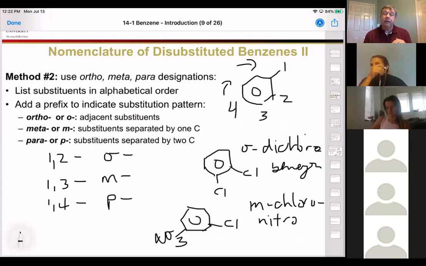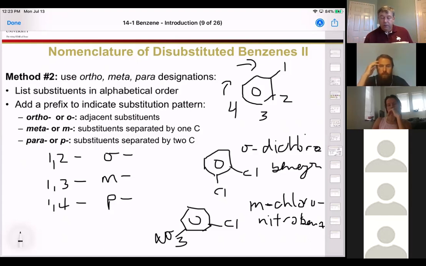And if you're typing, the letter should be italicized. But in writing, we don't notice the difference between italics and not. Okay, so while ortho, meta, and para are correct always, sometimes people just always use the numbers so that there's no worry about that.